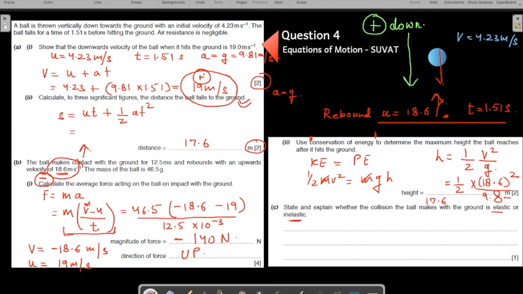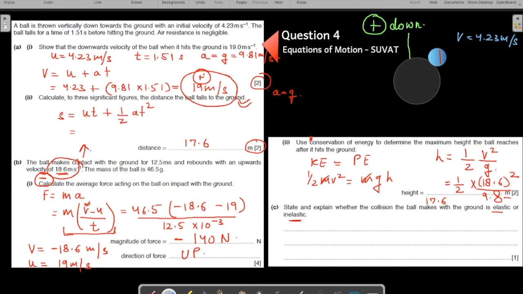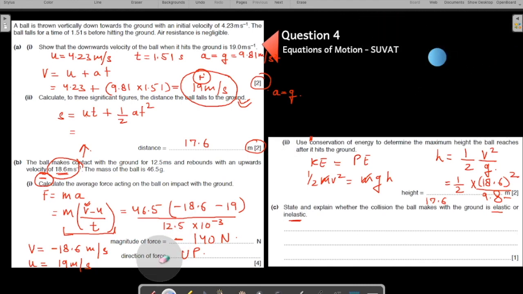Let us understand. So here you have the ground. The ball is hitting the ground with a velocity of 19 meters per second.